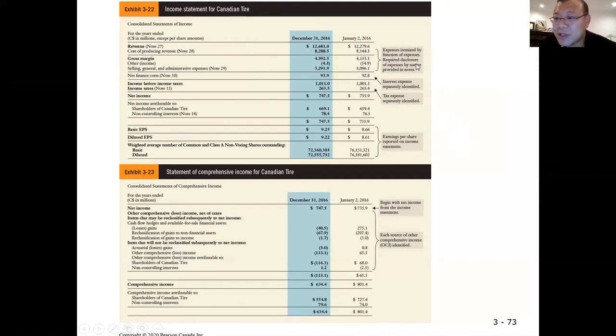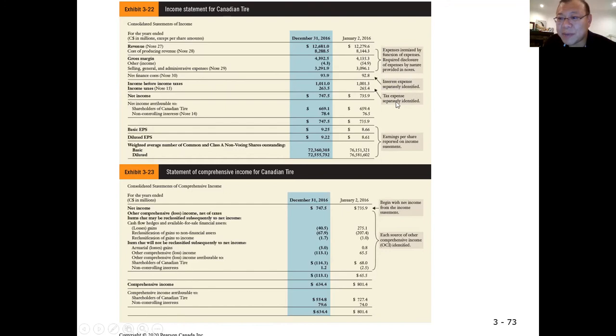The categorization by nature is mandatory. So you have to disclose the expenses by nature in the note disclosure: raw materials, labor, remember. Interest expenses are separately identified because they're part of the finance cost.